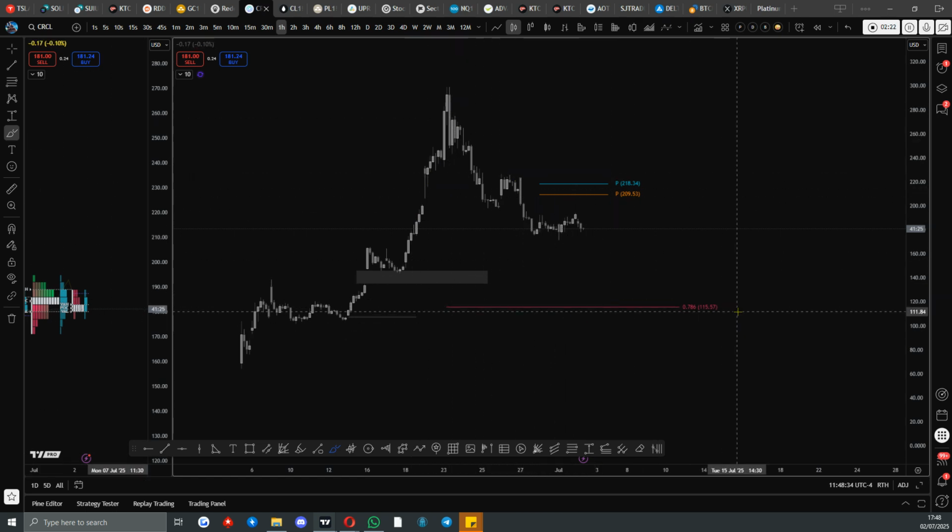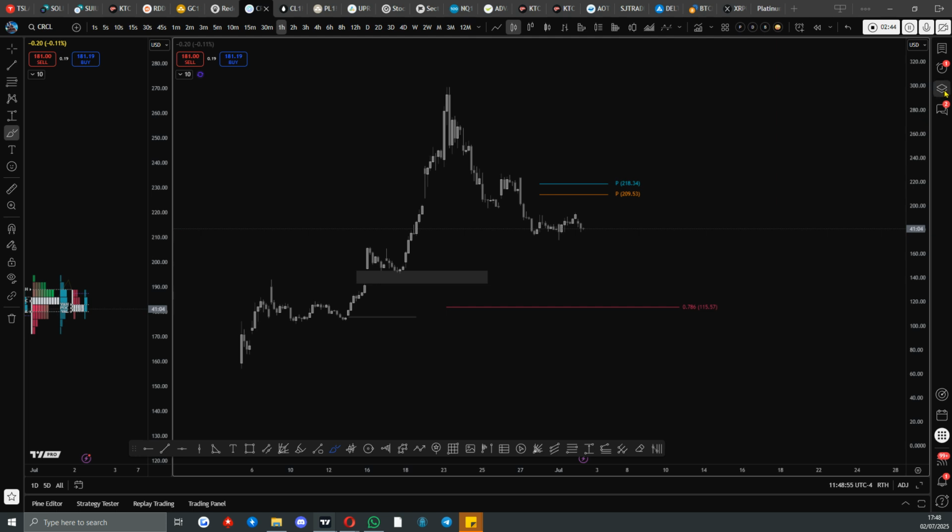If that's the case, then we'll be coming down to this 115 mark, which we have here. Now, if you look at these grey boxes, you can see we have a gap in price at the 135, 140 level, and also the same here. So we also have this inconsistency here at $107, $108.